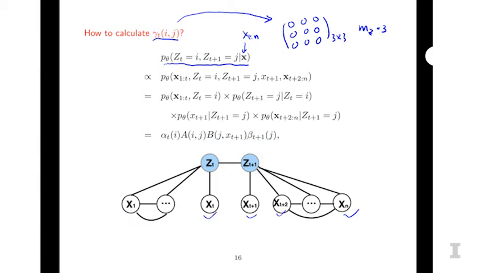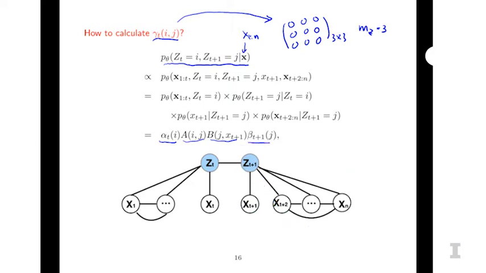And this is a graphical structure of these n plus 2 variables, and you're going to find out that this part is the so-called forward probability, which we computed before. And we know how to compute the forward. This is the transition probability A. And then this is the emission probability, computed through B. And then this part is basically the beta, the backward probability.